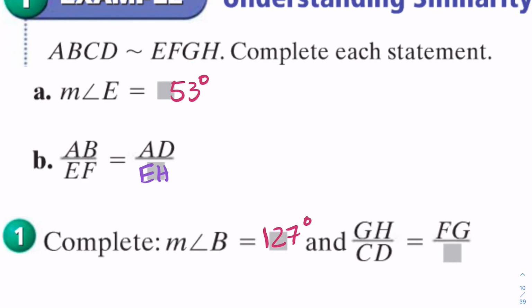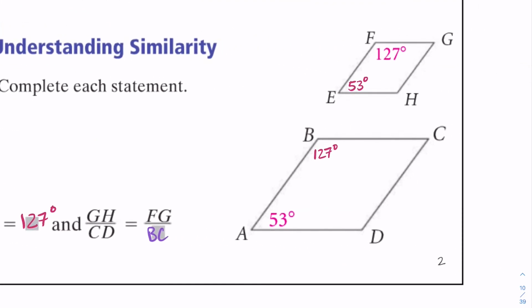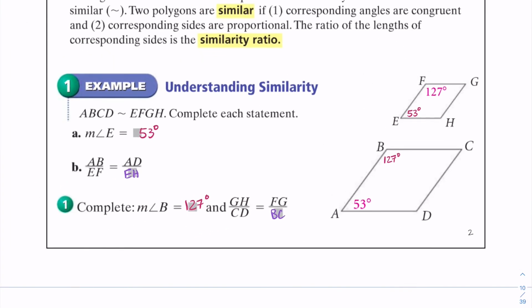So here GH is to CD as FG is to, it's going to have to be BC. So let's look, are they proportional? So GH is to CD as FG is to BC. Yep. We're going to stick with the order and it's all good.